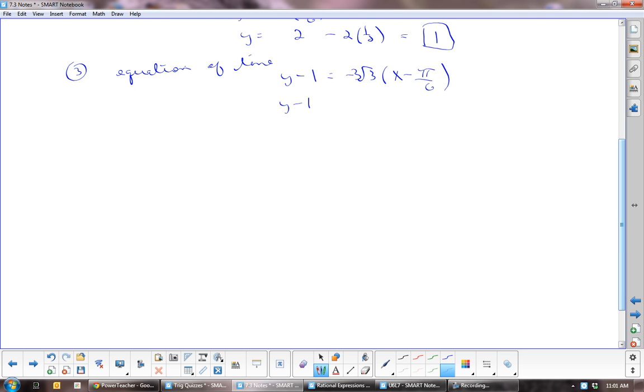So y minus 1 equals negative 3 root 3x, and the negative 3 and the 6, that'll give me plus pi root 3 over 2. Just multiply this to this, right? The 3 and the 6. And I got a plus sign because a negative times a negative.